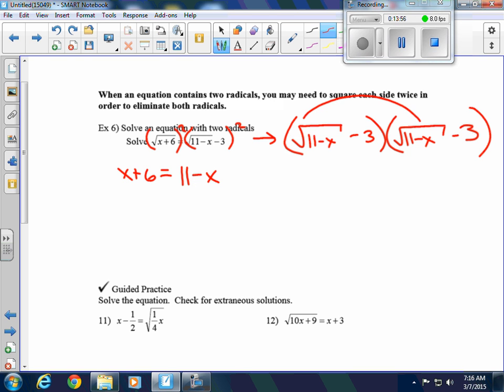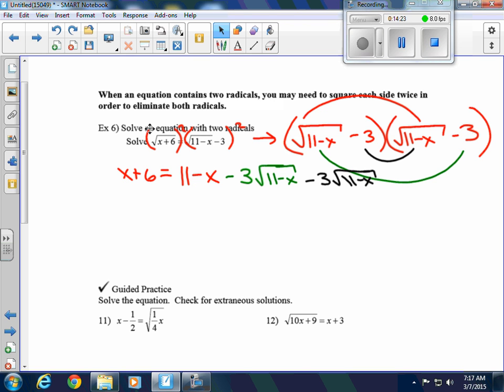Okay, so that's our first. Our outsides for the FOIL is going to be negative 3 times the square root of 11 minus x. Our insides is going to give us the same thing. And then our last is going to give us plus 9.